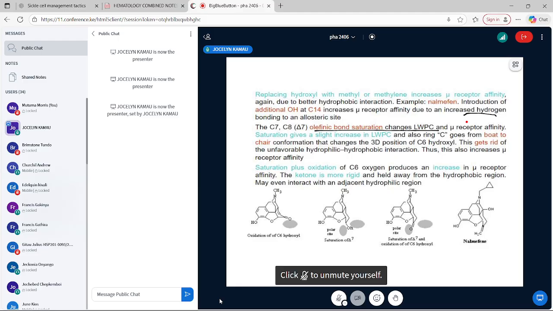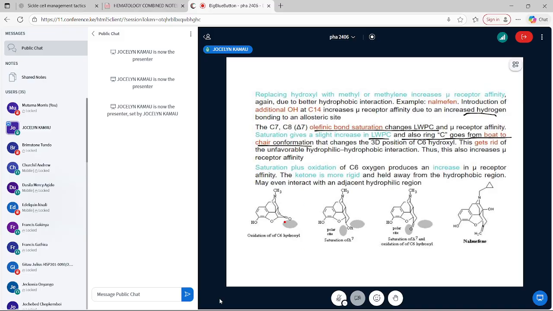The molecule penetrates the membranes more rapidly, both the lipid membranes within the GIT and the membranes within the brain, and therefore you get higher concentration. Of course, we have better activity. Saturation gives a slight increase in lipid water partition coefficient, and also ring C goes from boat to chair conformation.